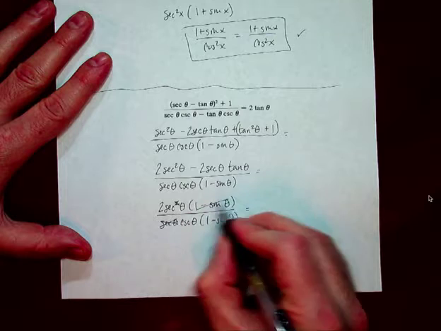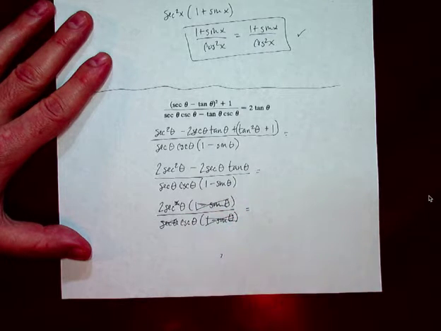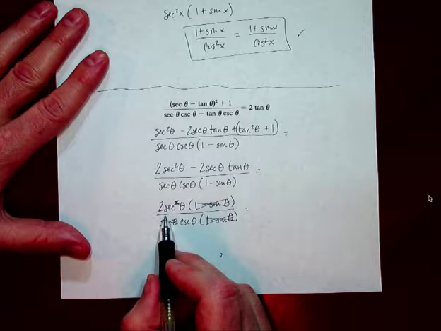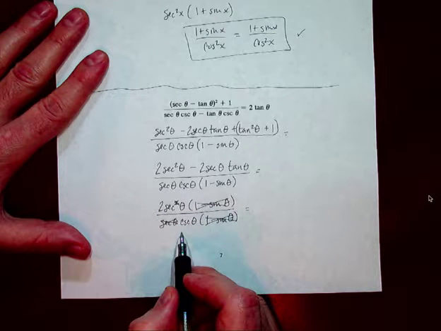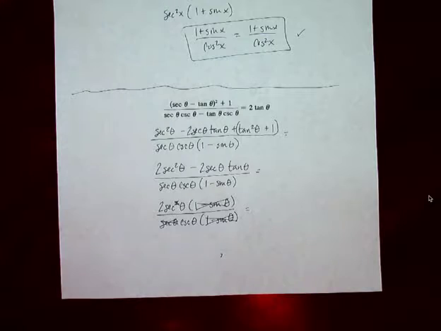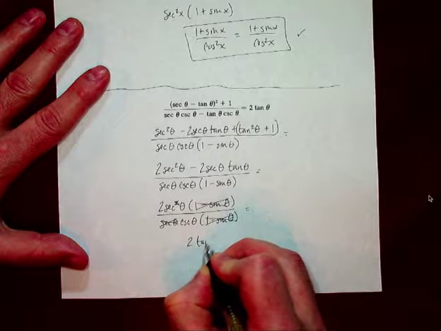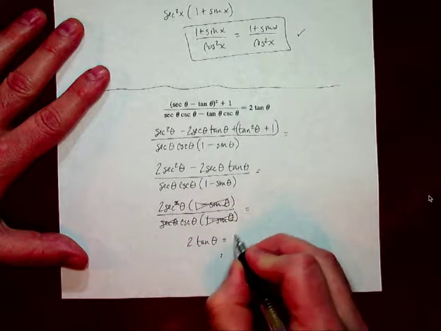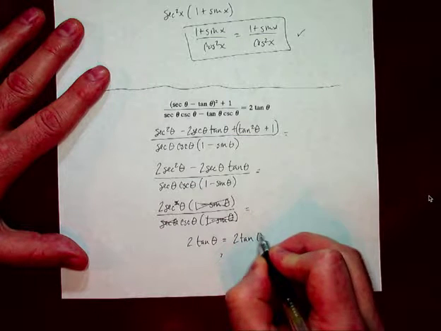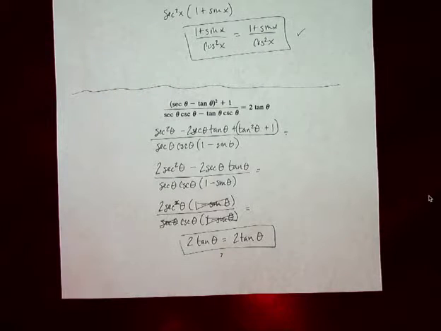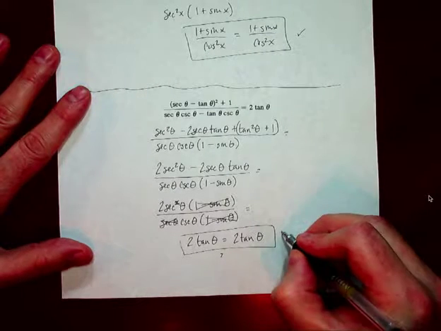This 1 minus sine cancels with this 1 minus sine. And secant is 1 over cosine, cosecant is 1 over sine, and in the same way that tangent is sine over cosine, it's secant over cosecant as well. So that is 2 tangent theta, and that simplifies nicely to exactly what I have on the right-hand side. And so, cha-ching.